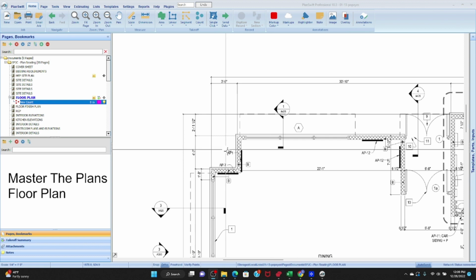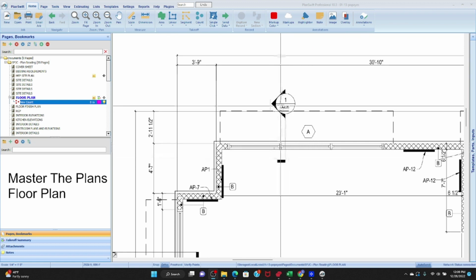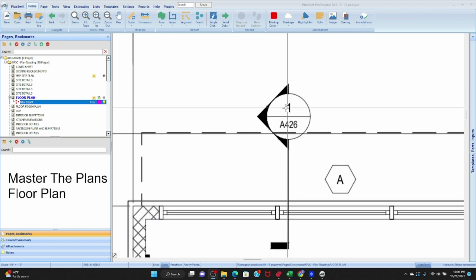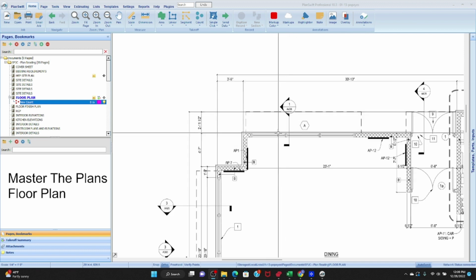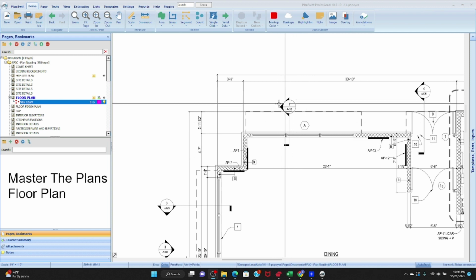Basically it's saying, if you want to know the height of the wall or the interior construction of the wall at window A, then I want you to go to image or picture number 1 on page A426, and you'll get that interior construction. And from that section view, we can determine the height of the wall.